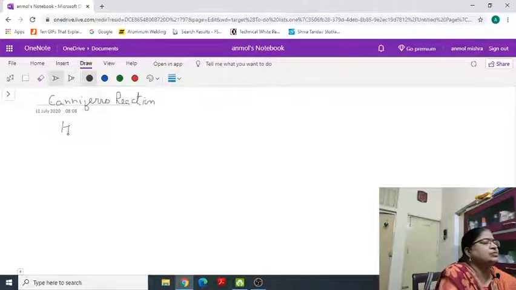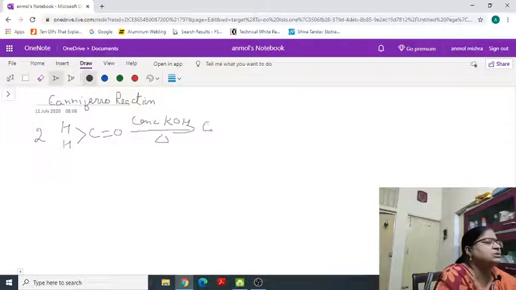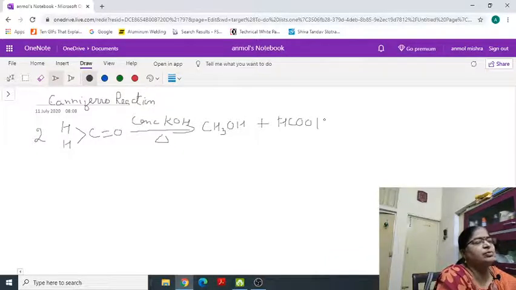So, two molecules of formaldehyde, in the presence of concentrated NaOH or KOH, whichever you like, and heated, form one molecule of methyl alcohol and one molecule of sodium formate.